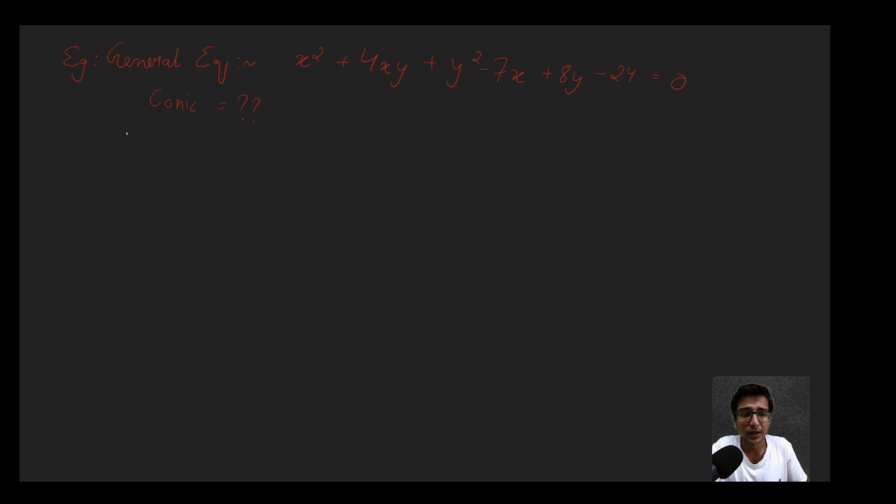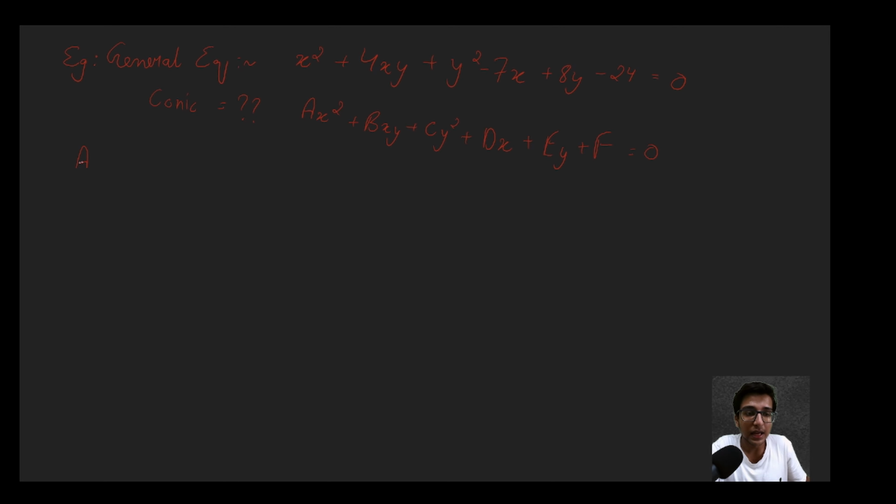So let us try to equate this in this format: Ax square plus Bxy plus Cy square plus Dx plus Ey plus F equal to 0.